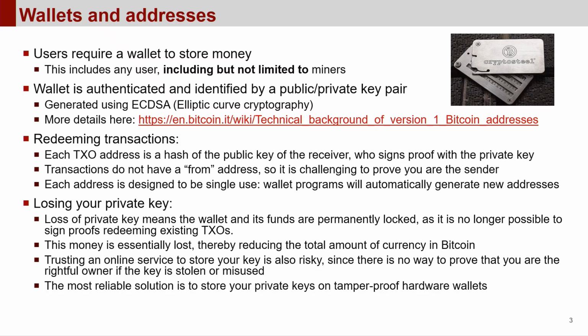Now, a wallet can also generate its own key pairs. So many wallets have the ability to generate additional pairs of keys. Why is that?